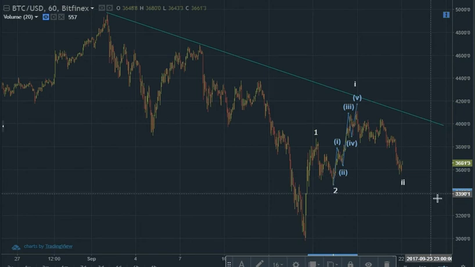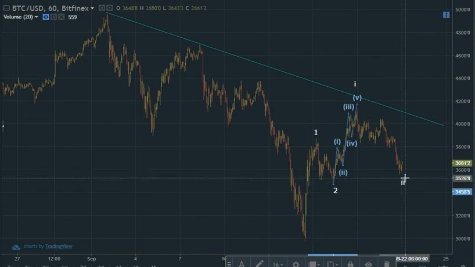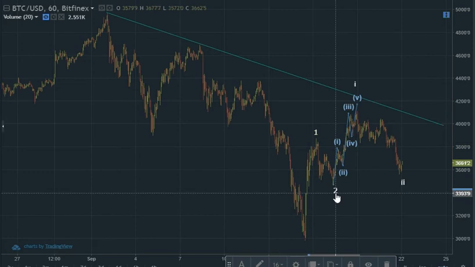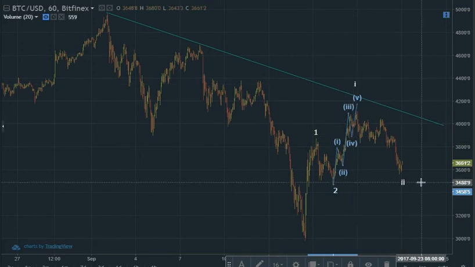So what I'm trying to say is it's technically still valid, this count: 1, 2, 1 of 3, 2 of 3. It has not been invalidated.